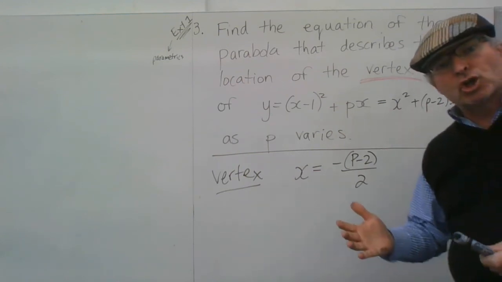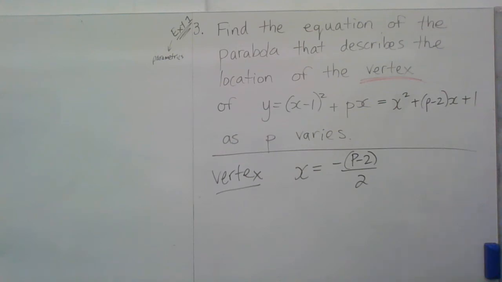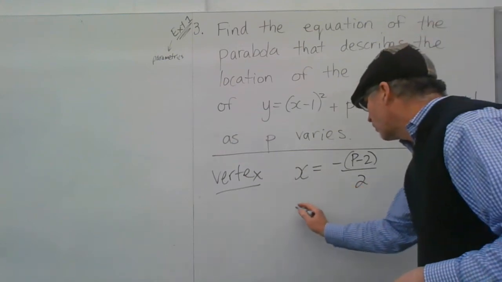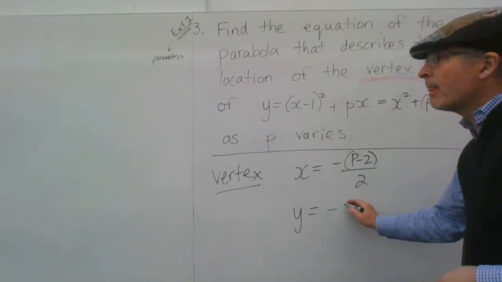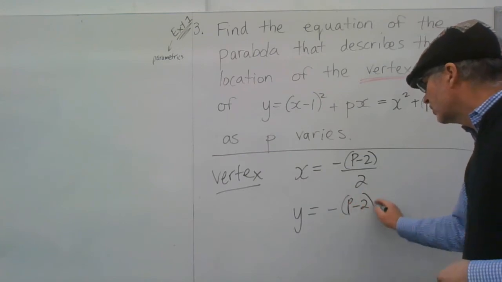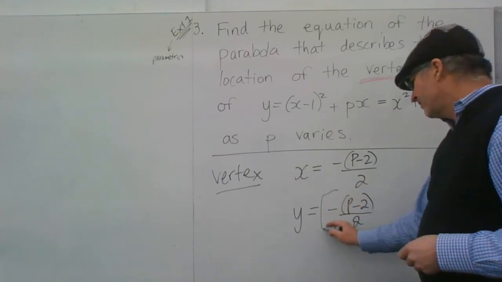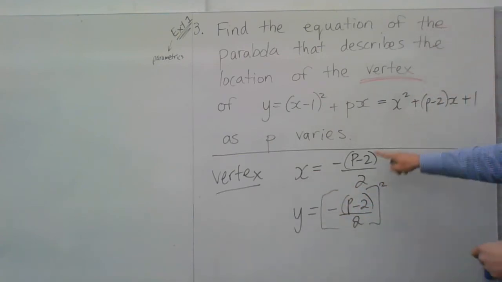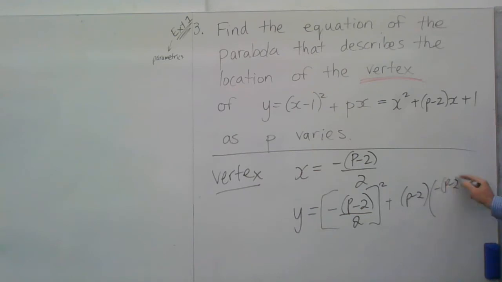So you can see that it's minus (p minus 2) on 2, minus b on 2a. And when I substituted that into the equation, I got y equal to minus (p minus 2) on 2, squared, plus (p minus 2) times that thing, plus 1.